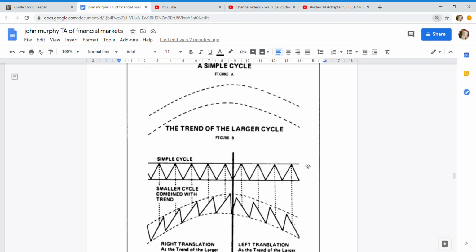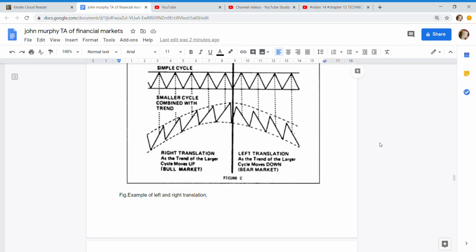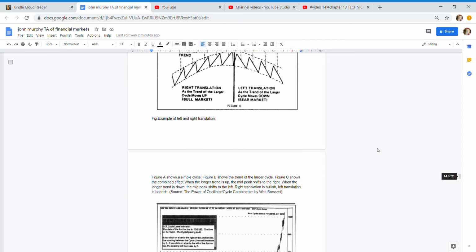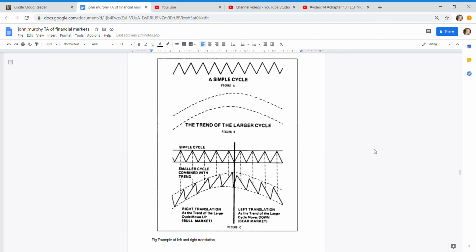Example of left and right translation. Figure A shows a simple cycle.